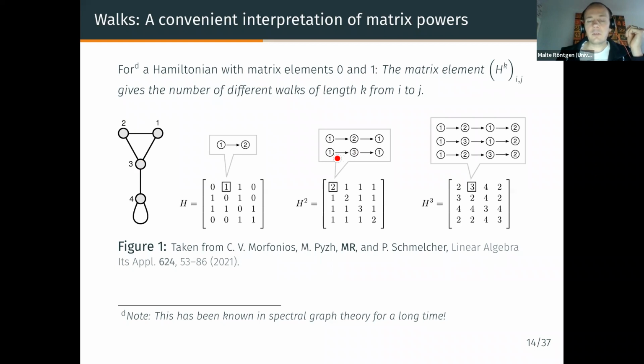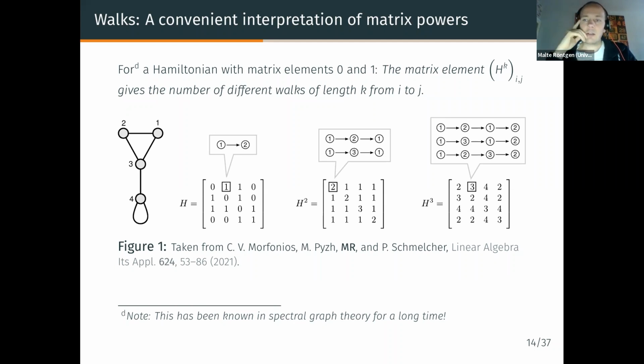And then you can play the same game here for any of those matrix elements. If you want, this exact example is also taken from our paper here. And if you go to the kth matrix power, it's the same principle. The matrix element H to the power k, ij counts the number of walks starting at vertex i, ending at vertex j, with exactly k steps.